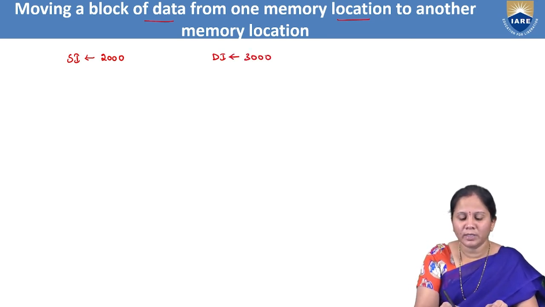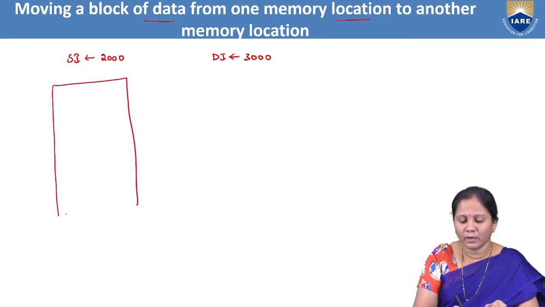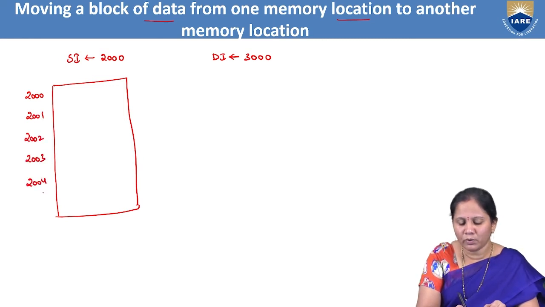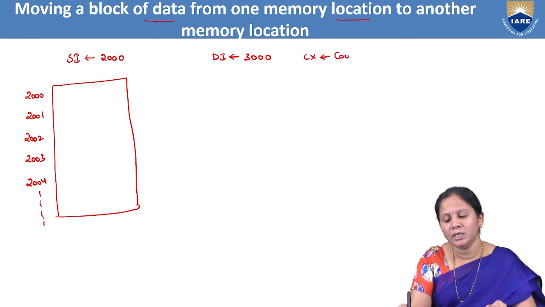So here in the 2000 location, we are going to take one set of inputs, that is the string: 2000, 2001, 2002, 2003 and 2004 and so on. So how many numbers we have to take in the input string? That we have to write by using the CX register.